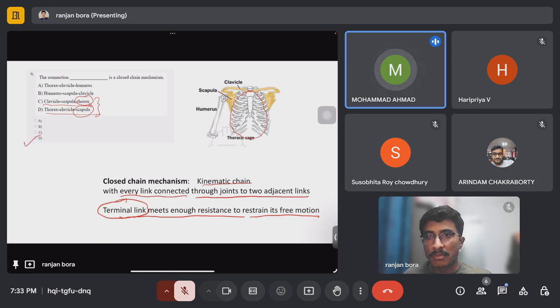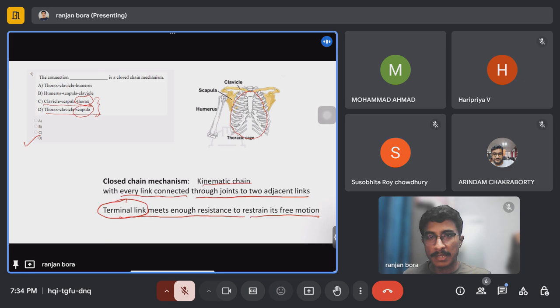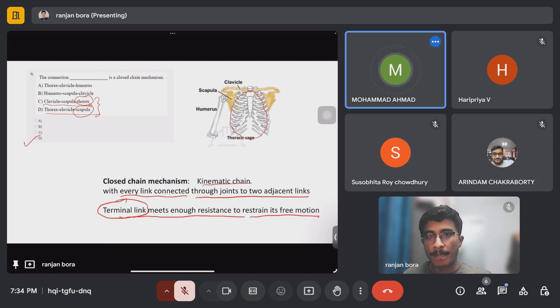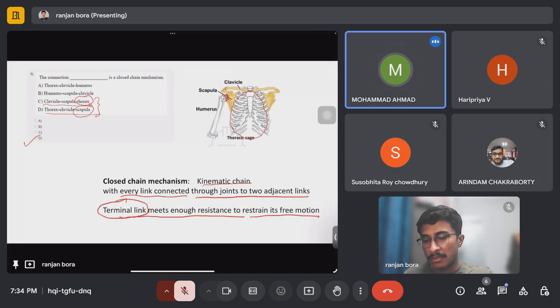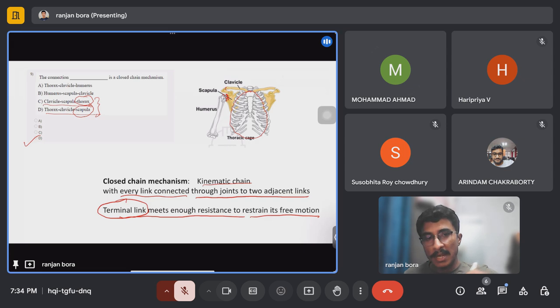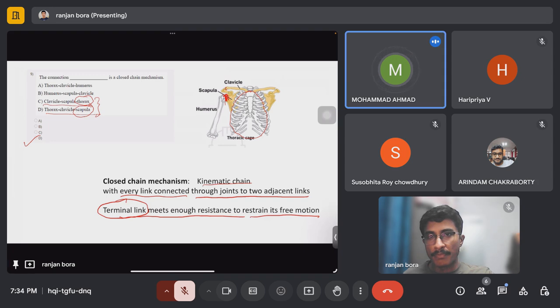Sure, but the scapula can glide over the thorax. No, it is constrained. It cannot glide. Only the humerus can glide over this joint. Okay. So that's why we reduce 1 degree of freedom when we deal with the scapula and thorax.